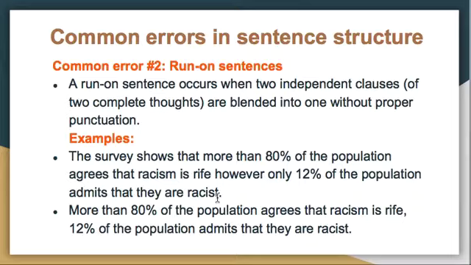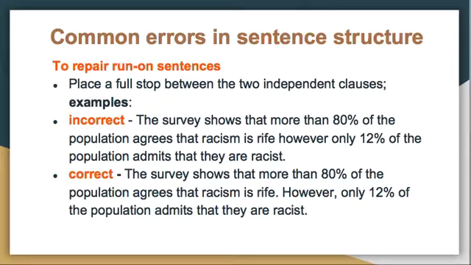The next one: more than 80% of the population agrees that racism is rife, comma, 12% of the population admits that they are racist. This is still a run-on sentence because it contains a comma, but it is the wrong punctuation. In the next slides, the correct form is presented.